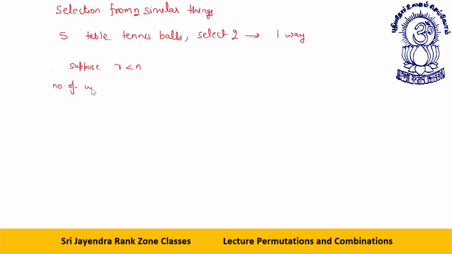Number of ways of selecting r things out of n similar things is what? Only one way. Okay, clear. All the things are same, you just have to count r and pick them. So this is only one way. Clear to you, dear students? Fine.